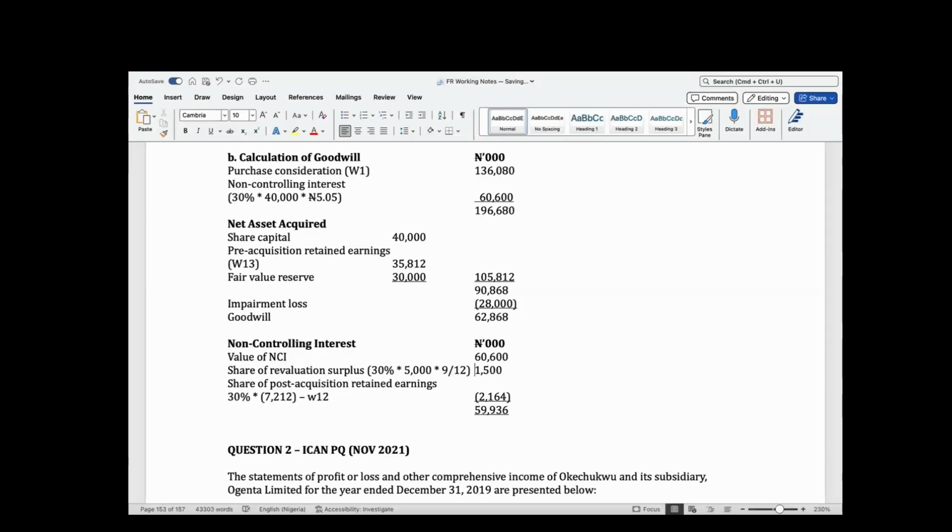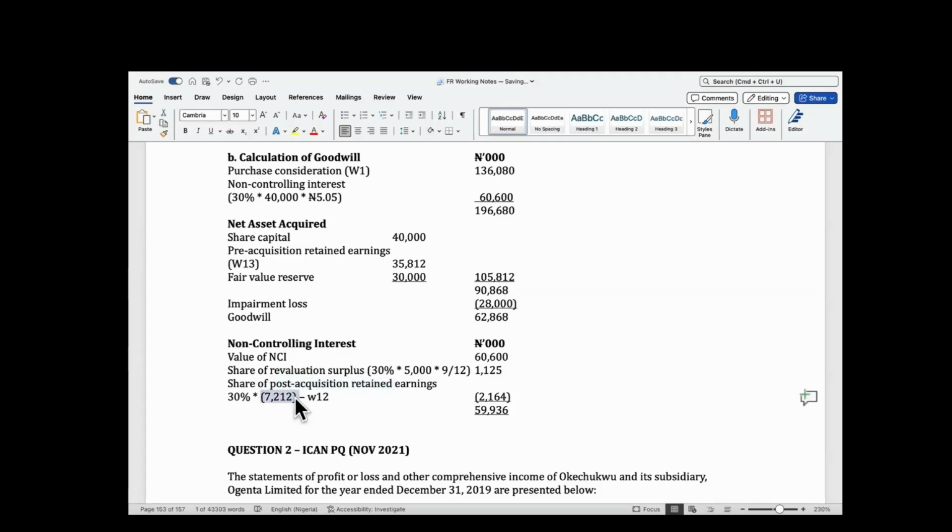Let me correct this. $1,125. You will also get a share of post-acquisition retained earnings of the subsidiary.